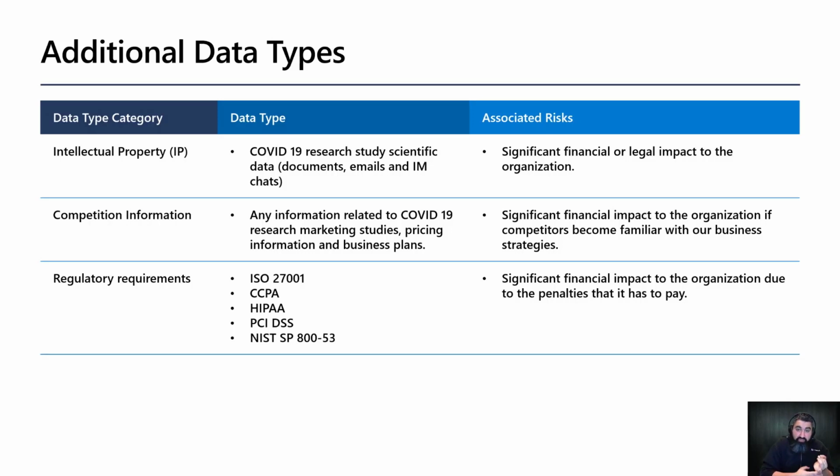Some competition information, such as marketing plans, business plans, pricing, etc. And any information that is of interest to regulatory bodies, like privacy, etc. We have listed the regulatory frameworks and standards that we must comply with. This will be helpful in the upcoming sessions, especially when we start implementing security controls and data leakage protection.